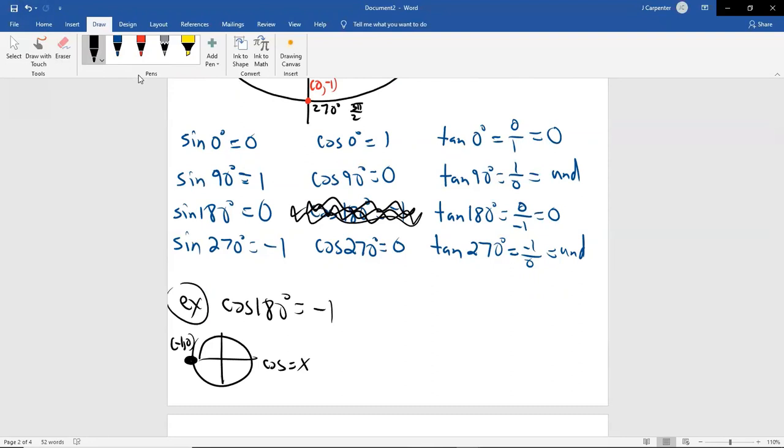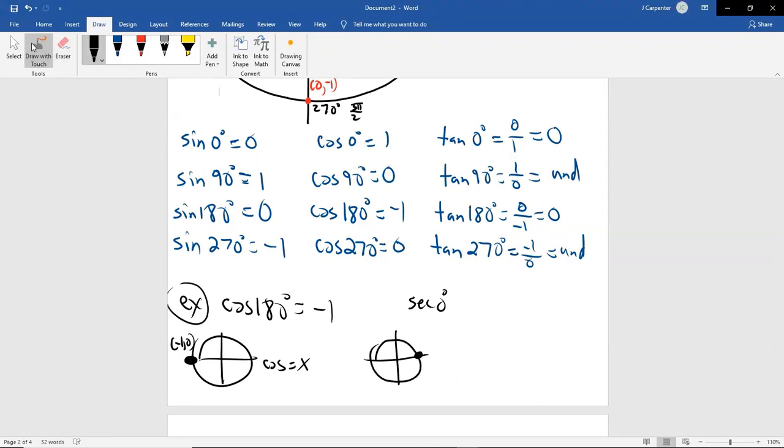That's all you do. If I wanted to do the secant of 0 degrees, well, drop your unit circle.